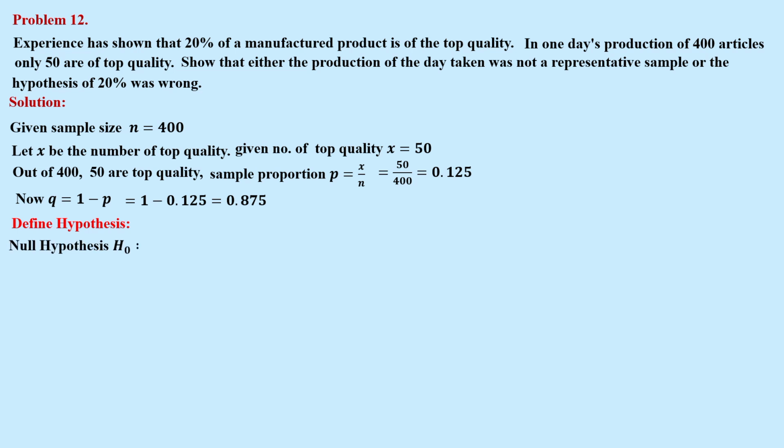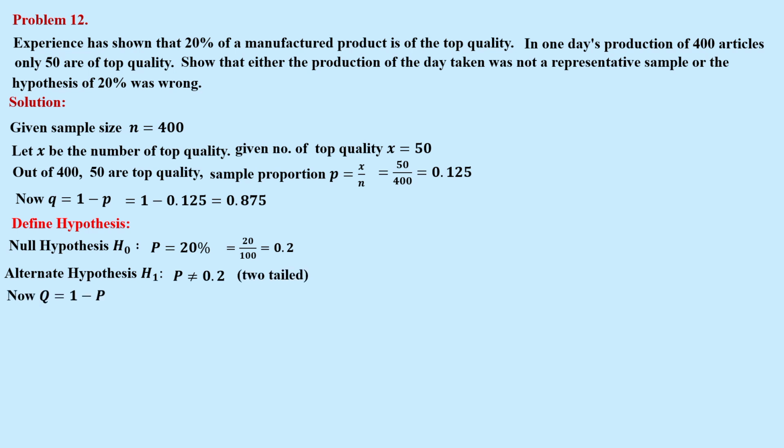Now we are going to define the hypothesis. Experience has shown that 20% of manufactured product is of the top quality. That is the main claim, that is why we are taking the hypothesis like that. Null hypothesis H naught is P is equal to 20%, that is 0.2. Alternate hypothesis H1 is P not equal to 0.2, that is two tail we are using. So Q is equal to 1 minus 0.2, that is 0.8.